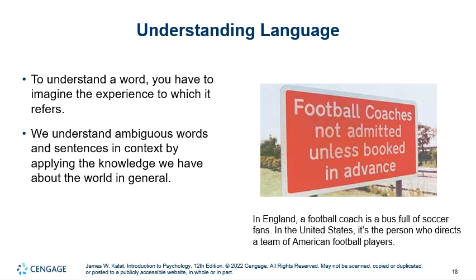We have to know the context to use it. So we work toward understanding ambiguous words and sentences in context by taking what we've learned through experience and knowledge about our worldviews in general.